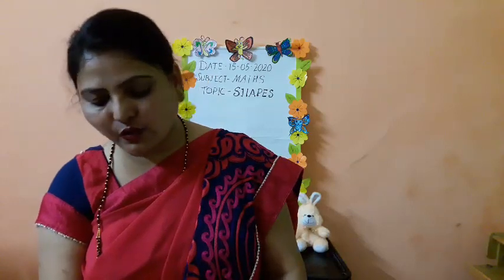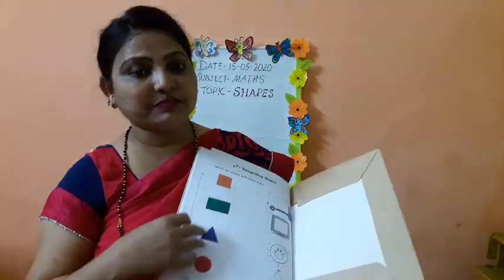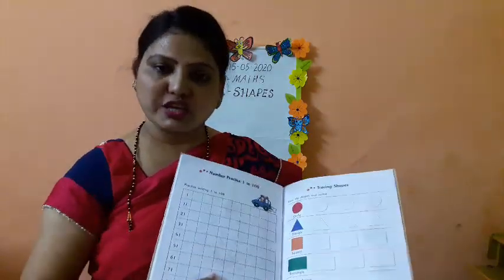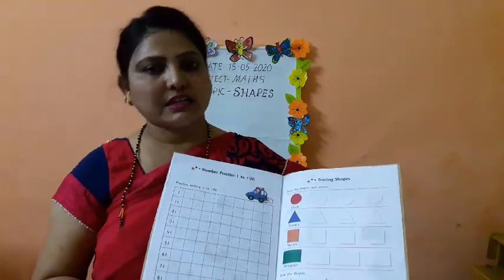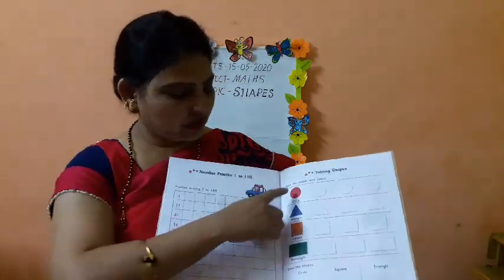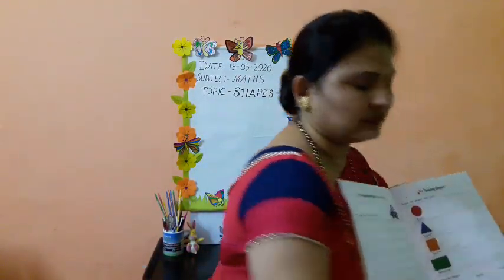You have to repeat again at home, and I have told you to note down page number 79, it is given. Your homework is you have to learn the shapes, 1 to 20 numbers also, and 1 to 5 number names also.